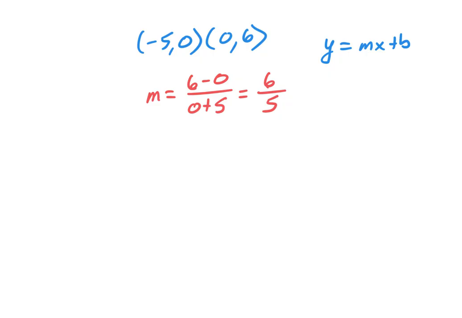Okay, do we know the y-intercept? Or do we have to find the y-intercept? I have 2 points given to me. Are either one of those points the y-intercept? Okay, which one? Where's this point going to be? If I graph this, where would it be at?